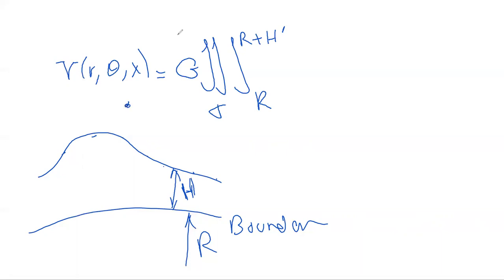And V is here, for example, at the point r, theta, and lambda. I want to compute the effect of these topographic masses on this point.